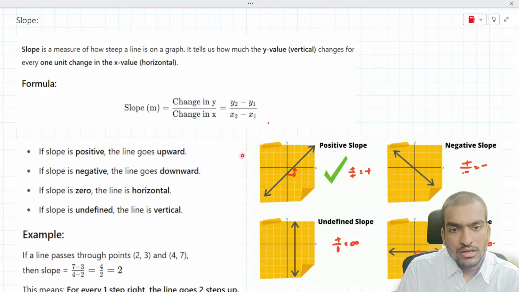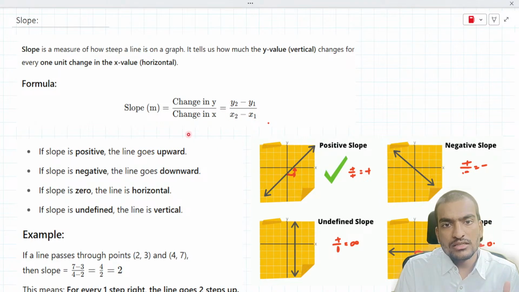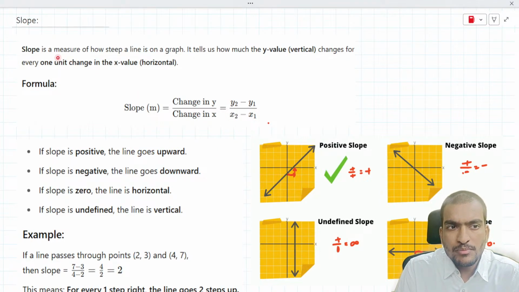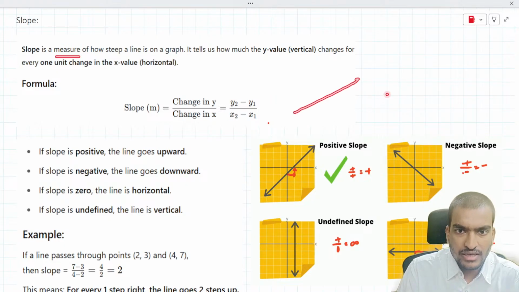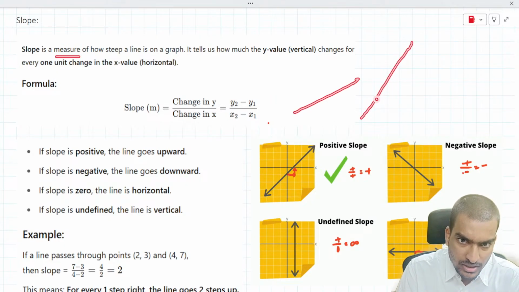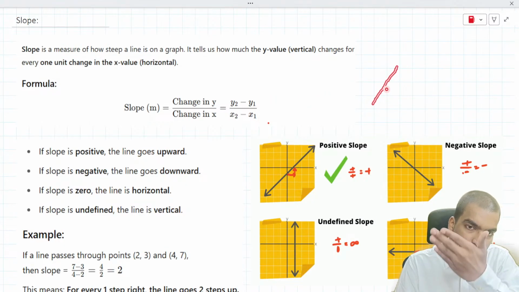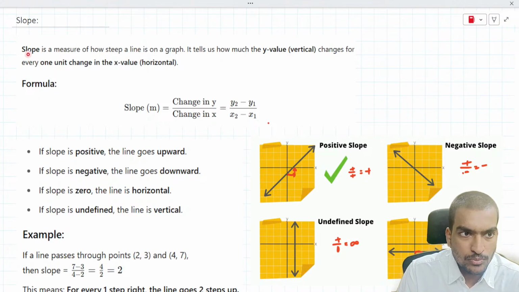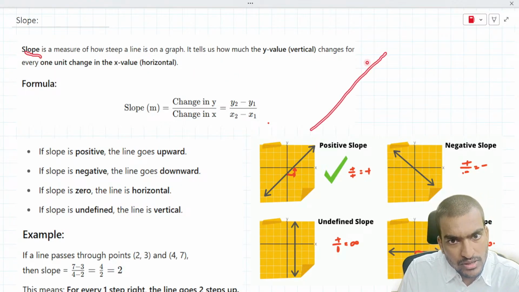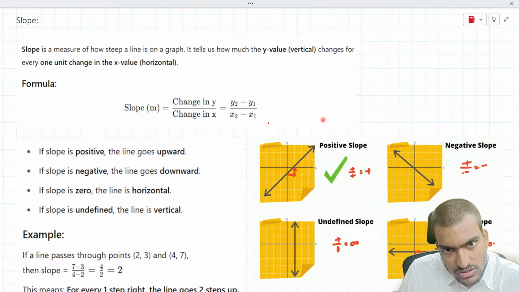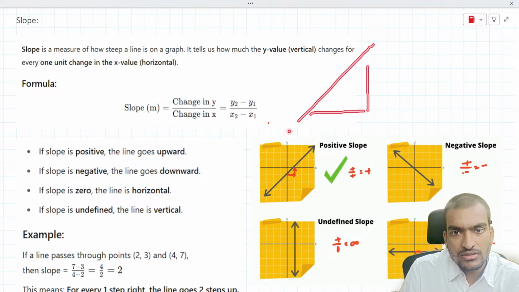There are a few things about slope again. Slope is a measure of how steep the line is. To measure it, we check change in y by change in x.